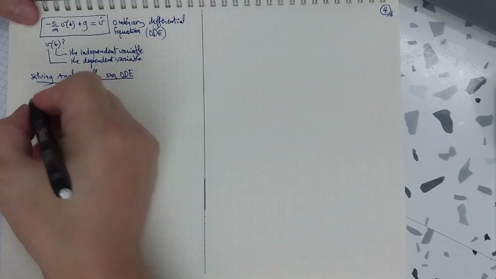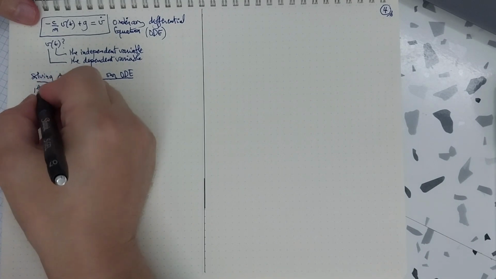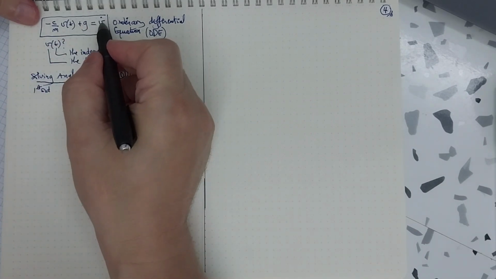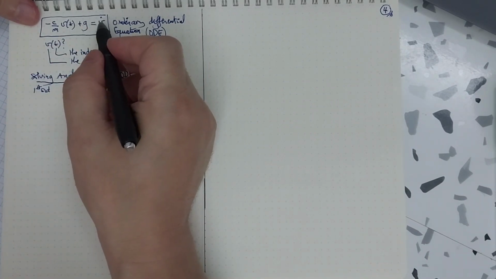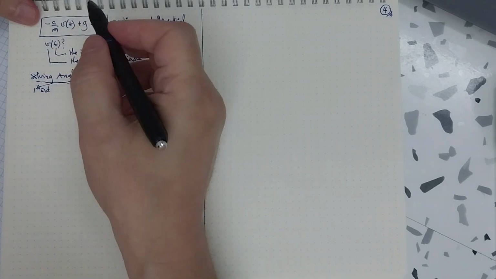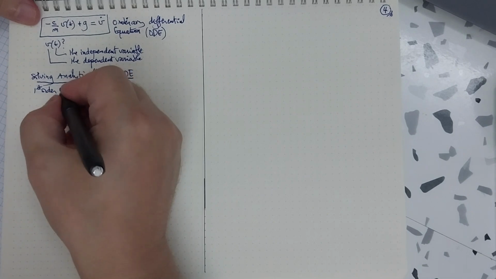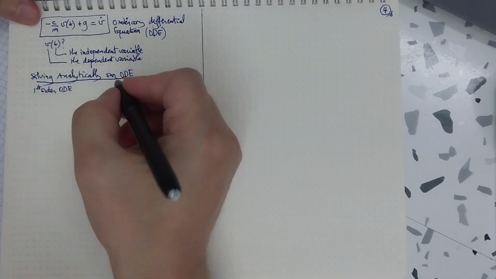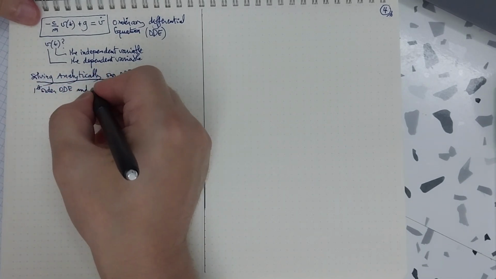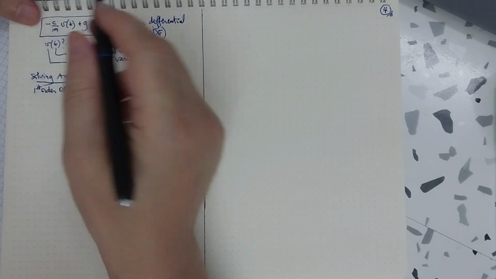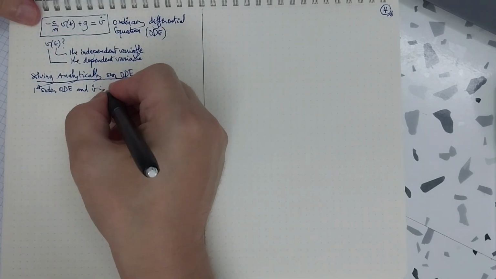This is a first order ODE, because there is only the derivative of the velocity, no second derivative, third derivative. And it is linear. There is no v square or sine.